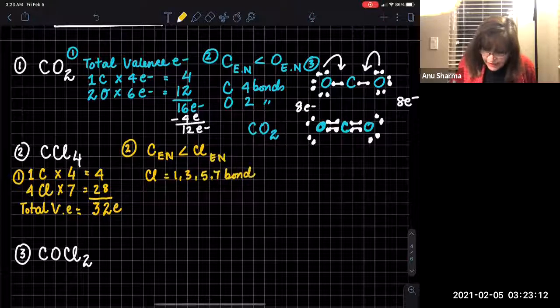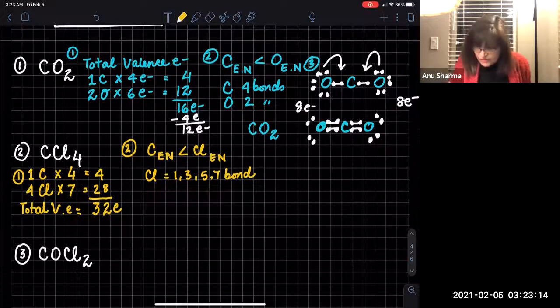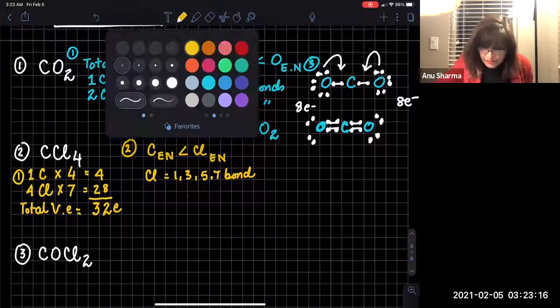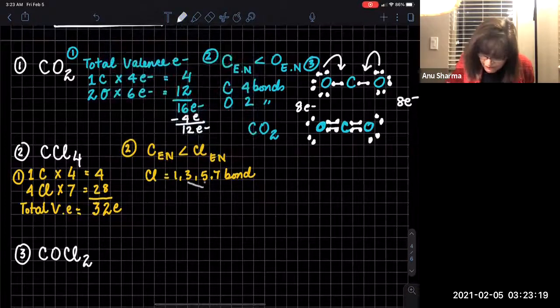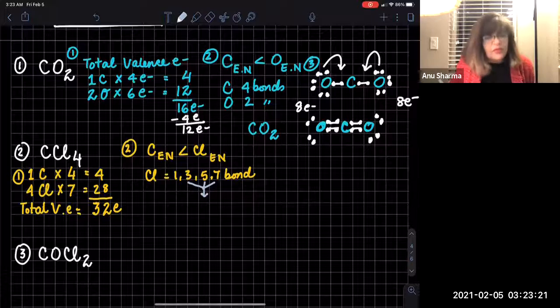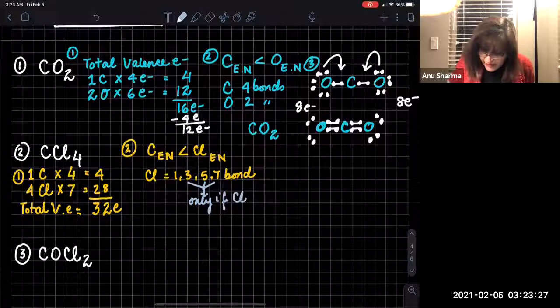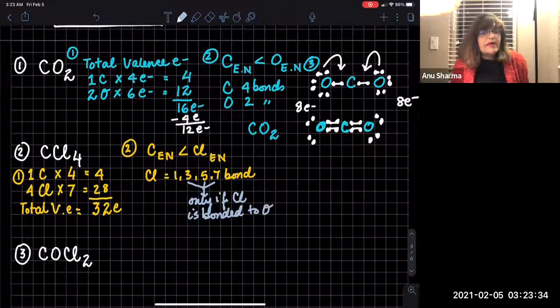But remember, 3, 5, and 7 bonds are only if chlorine is bonded to oxygen. But that's not the case.